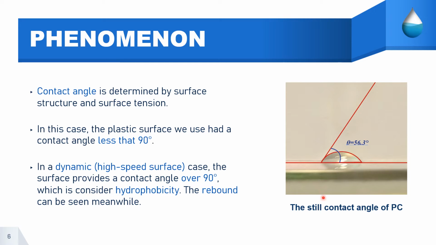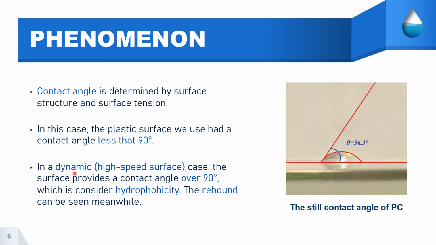So in this case, the material we use is the PC, like this one, the PC surface. In this case, we will have a contact angle of 56.3 degree, that is less than 90 degrees. So we will say this surface is not hydrophobic. So water will wet this surface.